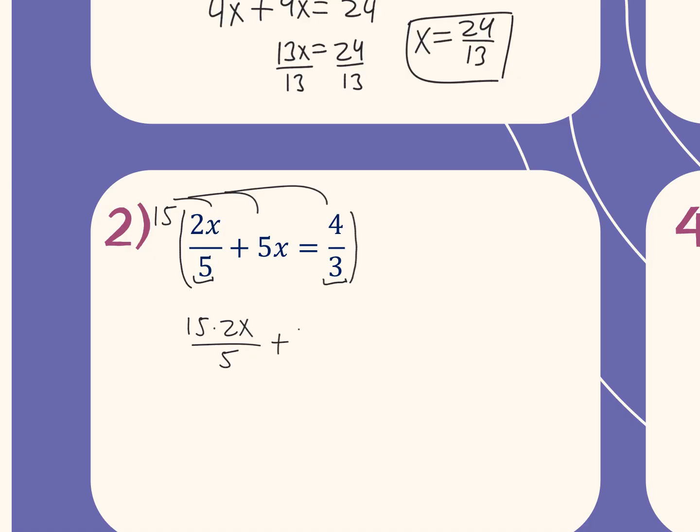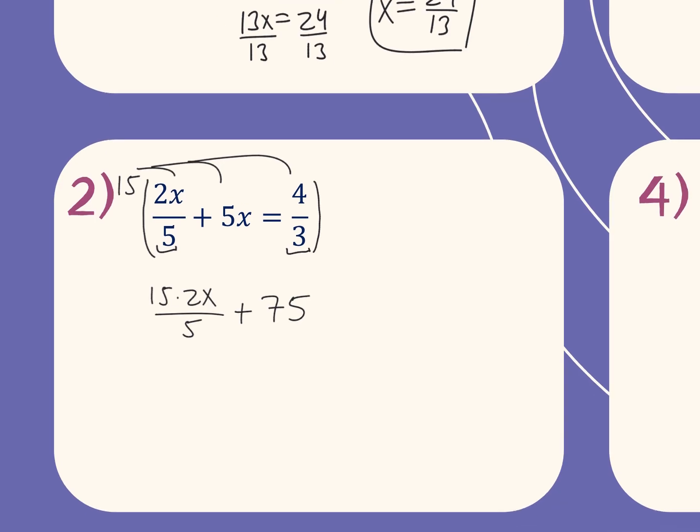I'm not going to multiply it out, just because I want you guys to get used to this as we go through these, since you maybe find it a little bit tedious to write out the whole thing. So I'm going to write out part of it: 15 times 2x over 5 plus 15 times 5x equals 15 times 4 over 3.